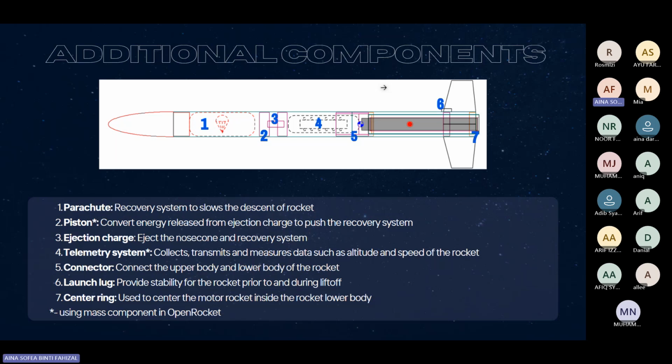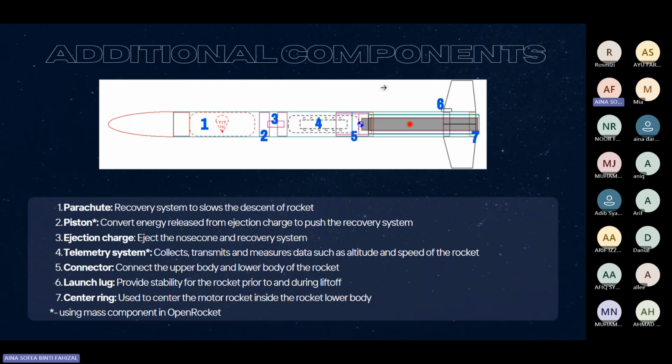After the rocket reaches the apogee, which is basically the highest height the rocket can go, it will start to fall down. Without a parachute, it will fall at free fall speed. And if it falls without a parachute, as it hits the ground, it will completely shatter and be destroyed.